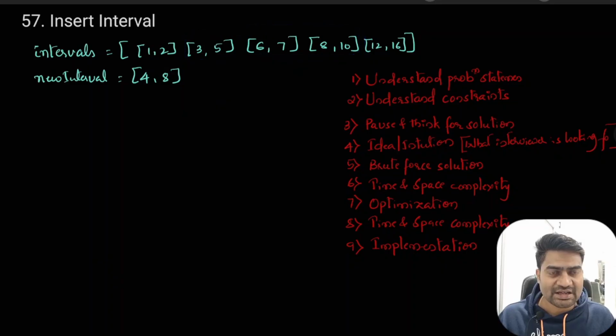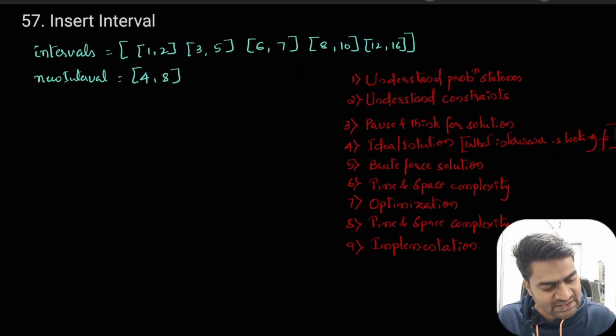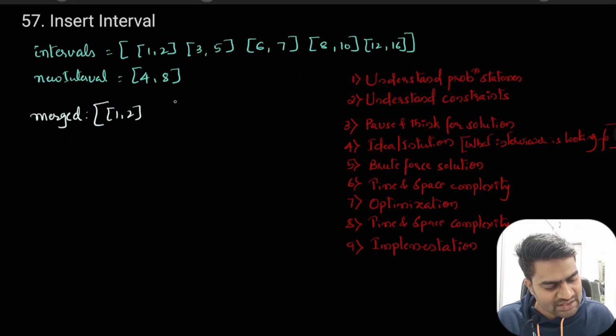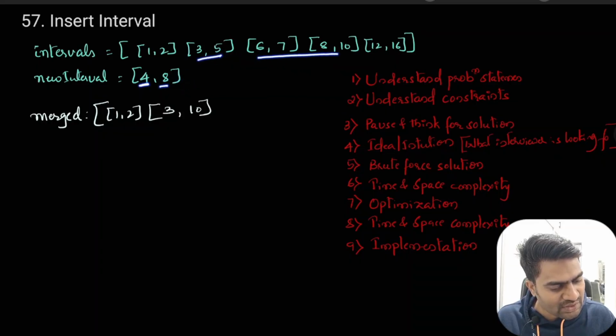basically these three intervals. So now our merged interval becomes 1, 2, because this does not merge. Then the next interval will be 3, 10. Why? Because after inserting this, this will overlap here, then this value will overlap here.